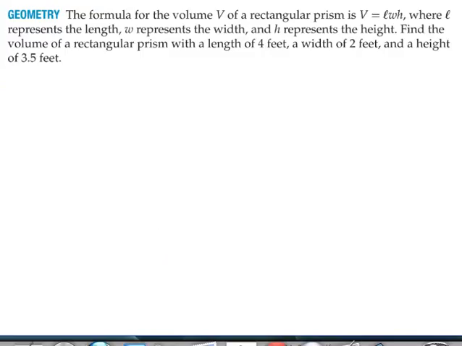Let's go ahead and look at this one. The formula for the volume of a rectangular prism is V equals LWH, where L represents the length, W the width, and H the height. Find the volume of a rectangular prism with a length of 4 feet, width of 2 feet, and height of 3.5 feet. Go ahead and do this and enter your answer on your expression.